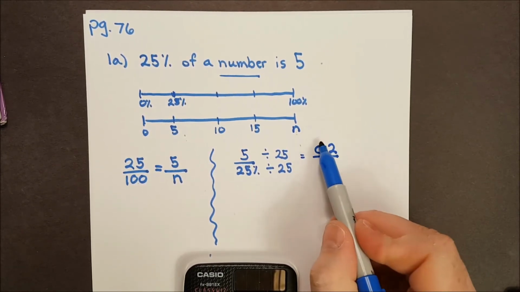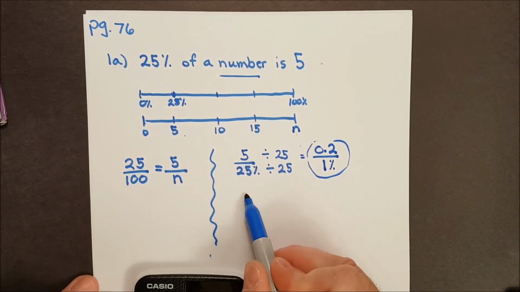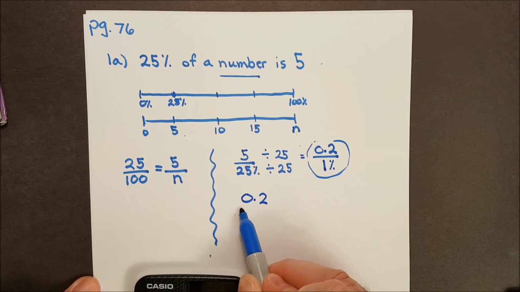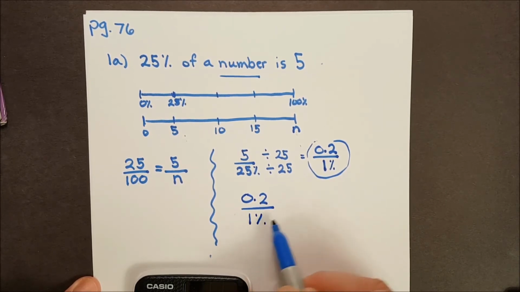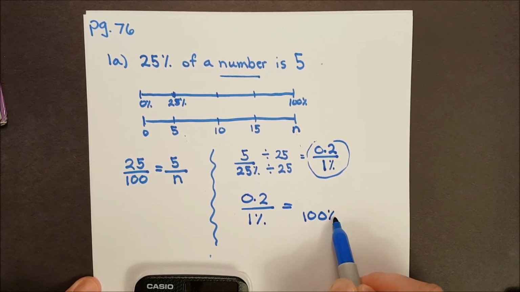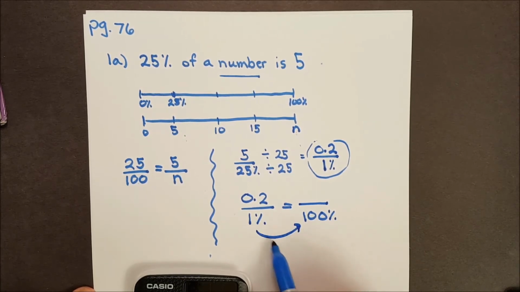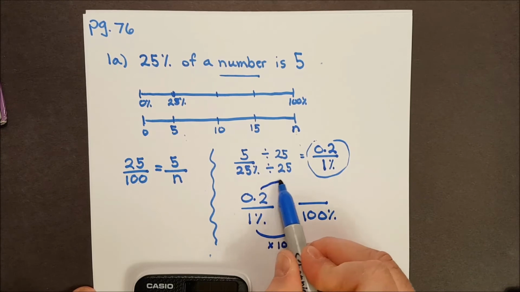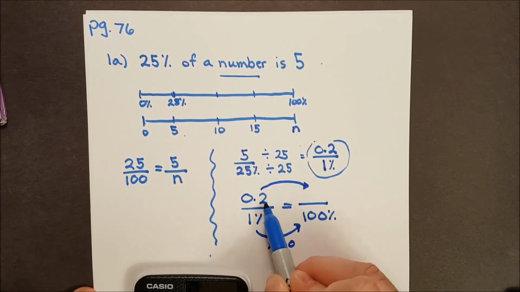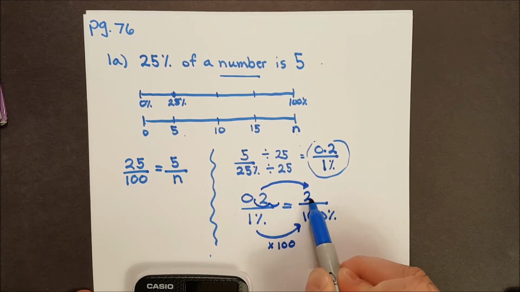Okay? Now let's use that to figure out what 100% is. So we have 0.2 for every 1%. Now what would that be for every 100%? What did we have to do here to get to 100%? We had to multiply by 100. And then we have to do the same thing to 0.2, which gives us 20.